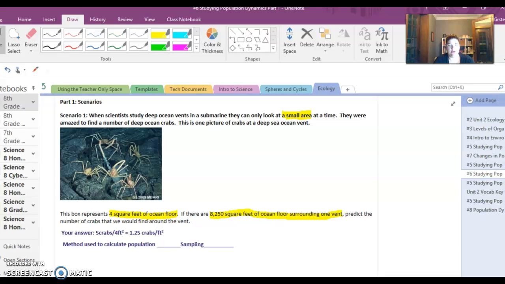Okay. And so now I'm going to take this 1.25 crabs per square foot and I'm going to multiply that by the total square footage.